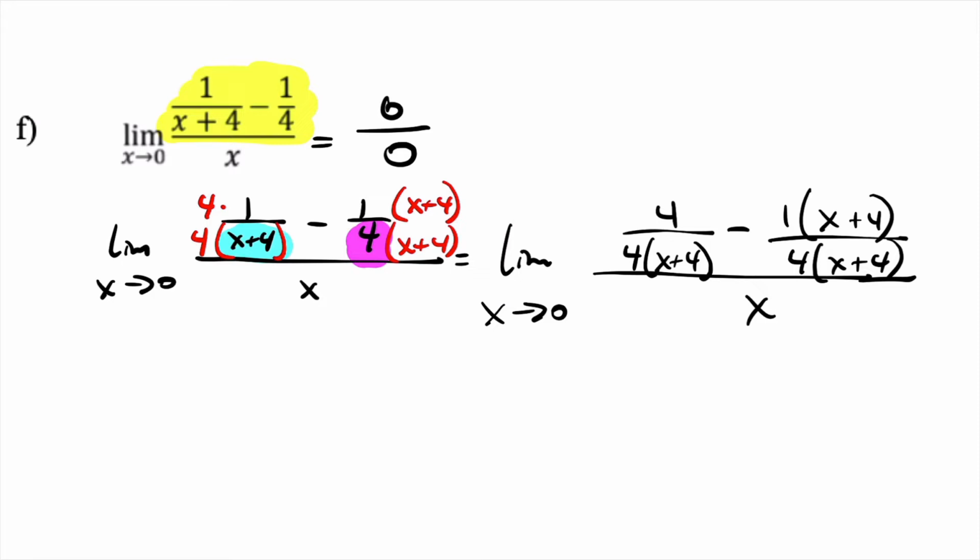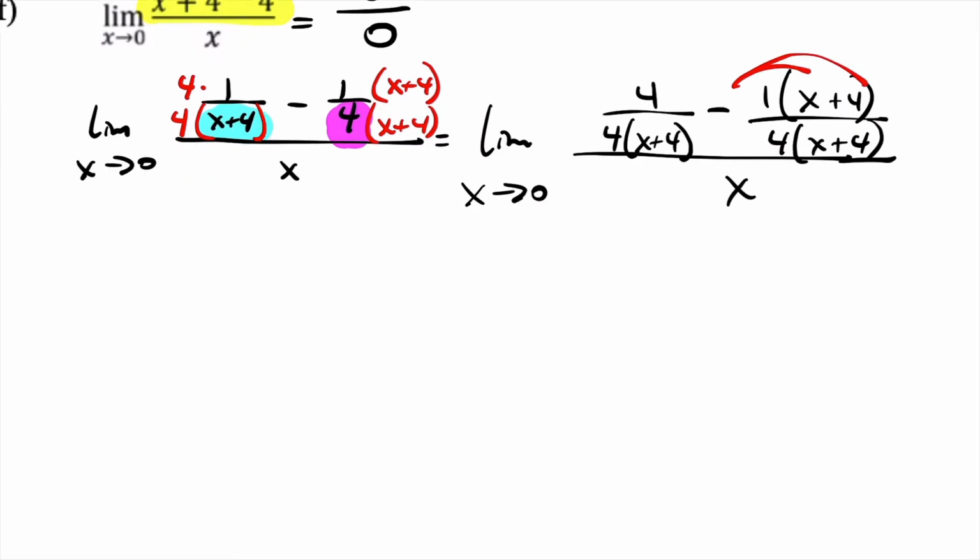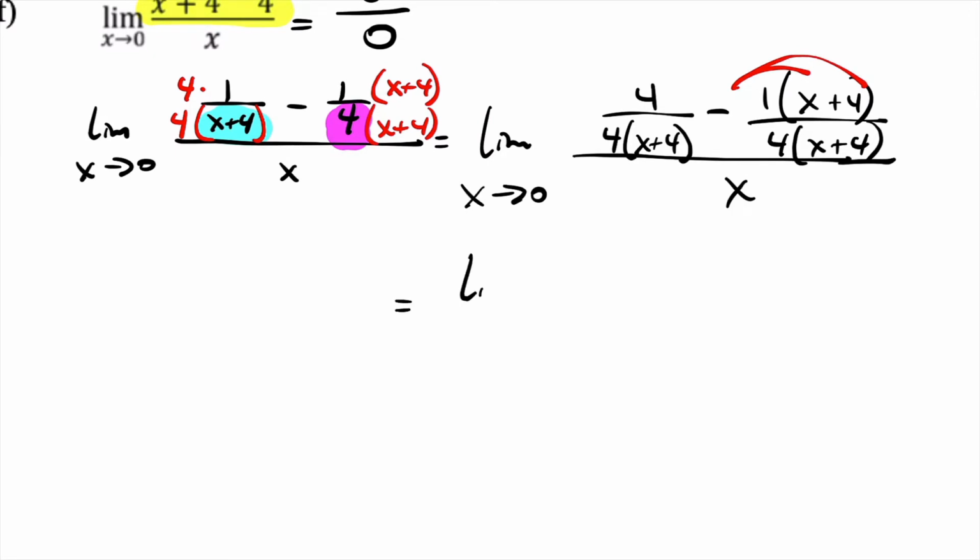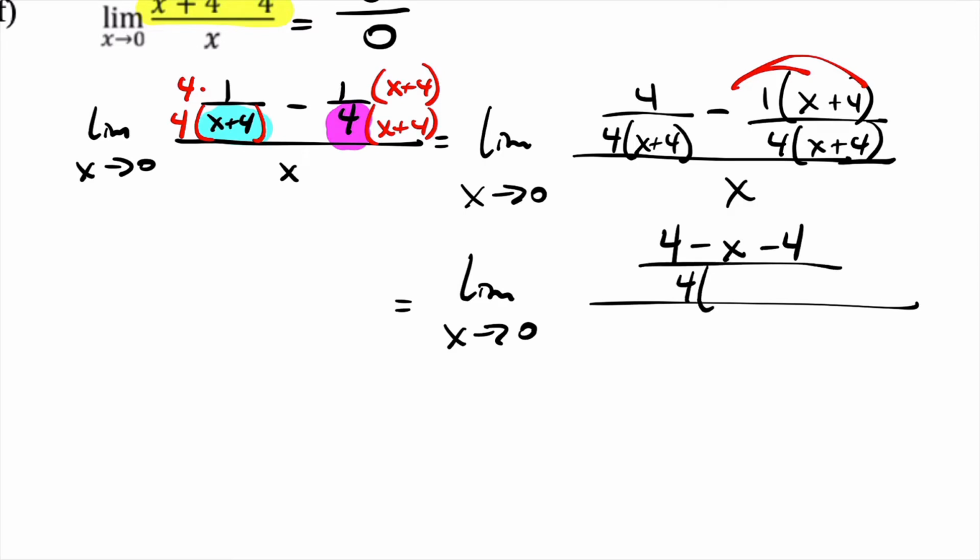Okay? But before I can subtract this top, I got to distribute. It's a minus, so it's minus everything. So when I distribute, it's actually a -1. So it's going to be 4 minus 1x minus 4 over 4x plus 4.